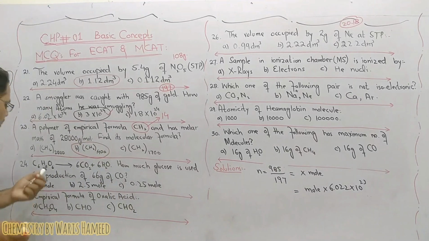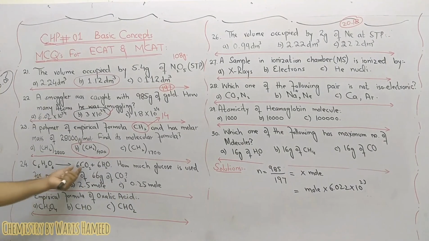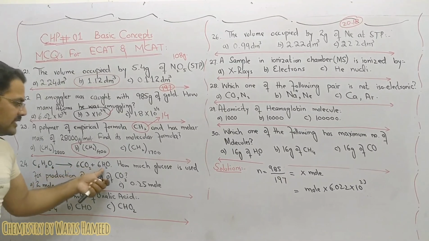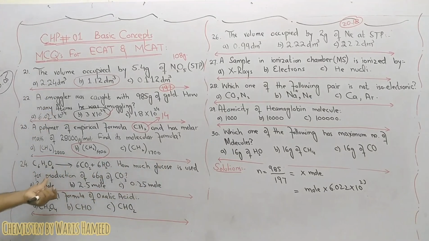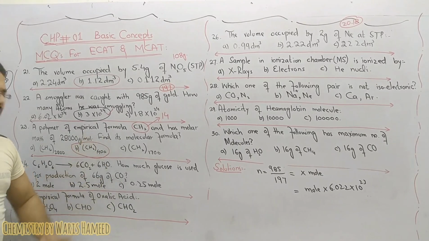Next, we have a glucose molecule, and in this case it is forming 6 mole of carbon dioxide and 6 mole of water. How much glucose is used for the production of 66 gram of carbon dioxide?